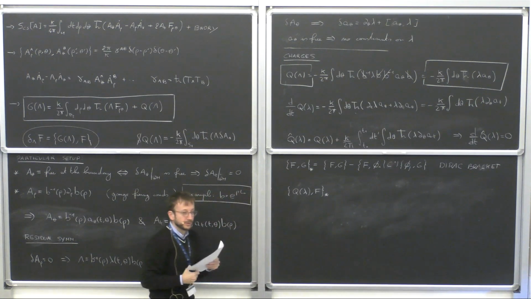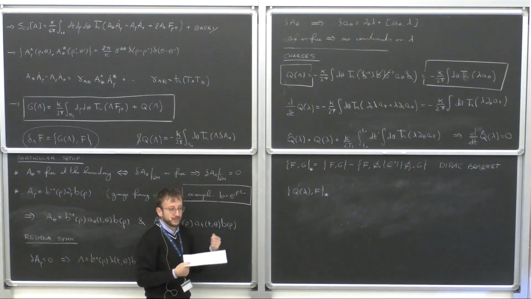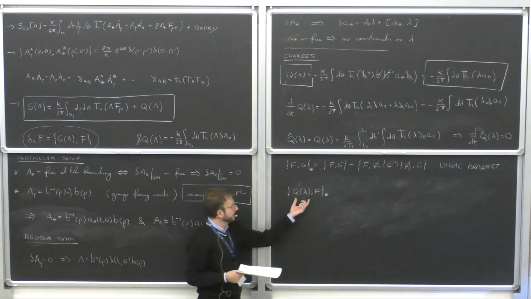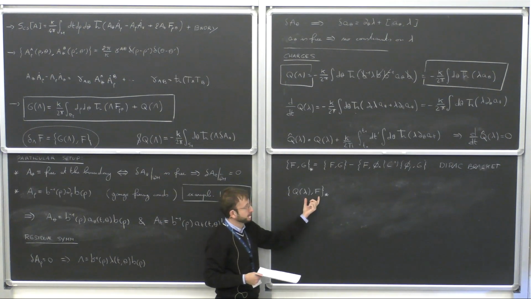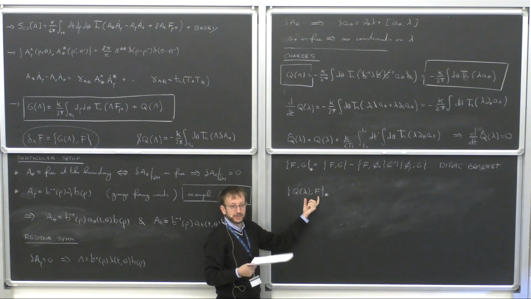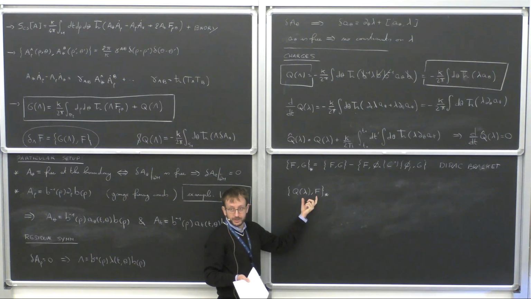I want to see what happens if I compute the Dirac bracket of the charge with an arbitrary function along phase space. So a priori, computing the Dirac bracket may be a huge mess. In this particular case, I will show you that actually this kind of object is easy to compute, essentially.